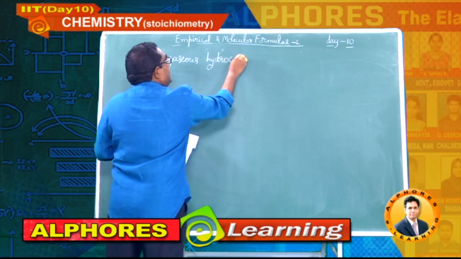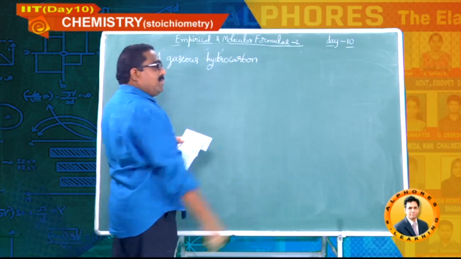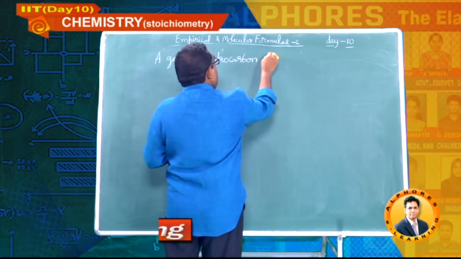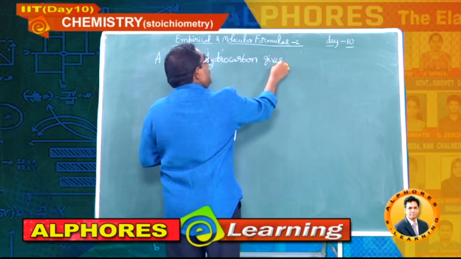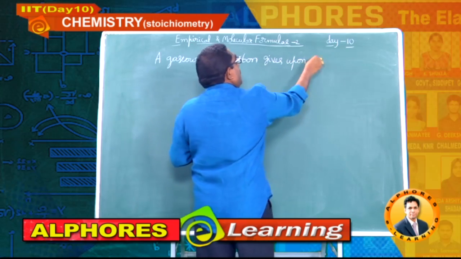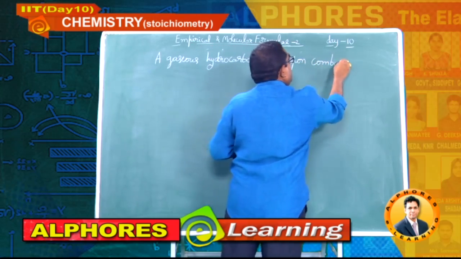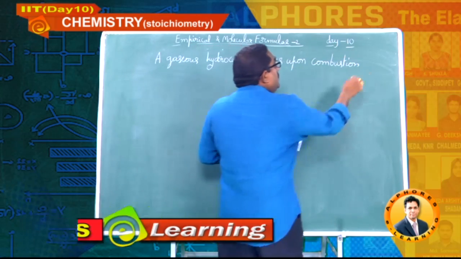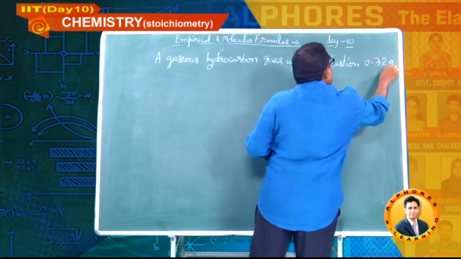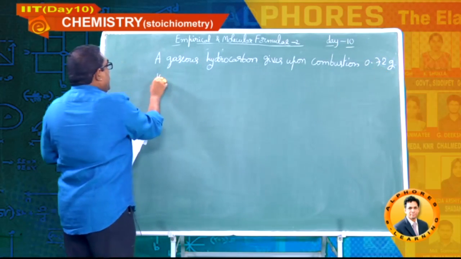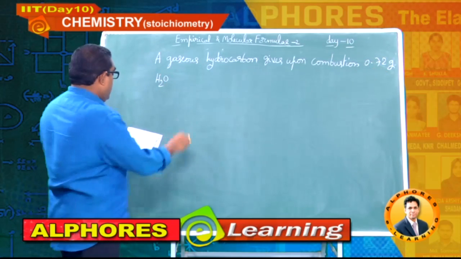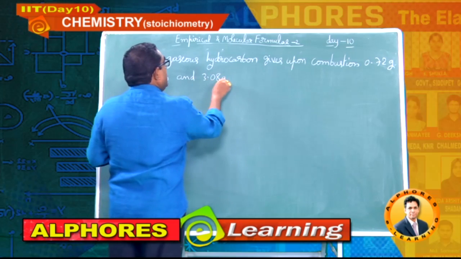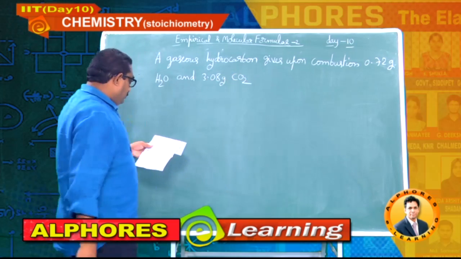A gaseous hydrocarbon, meaning the compound contains only carbon and hydrogen, gives upon combustion 0.72 grams H2O and 3.08 grams CO2.